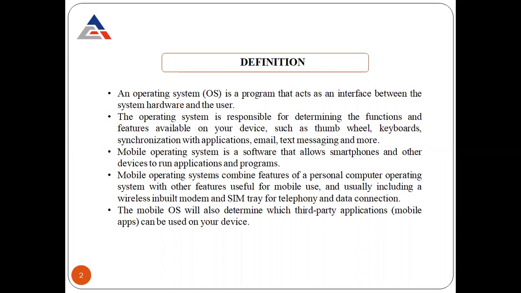You have a virtual keyboard in your mobile, synchronization with the application, how other applications synchronize with the hardware or software of the mobile, and email, how you can send email from one place to another, and how you can text messages, and many more. So all these features of the mobile phone the user can use with the help of the mobile operating system.